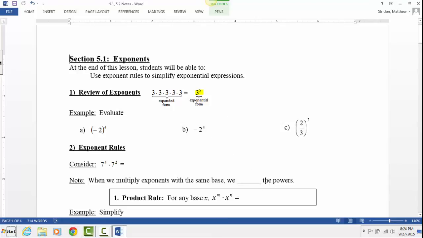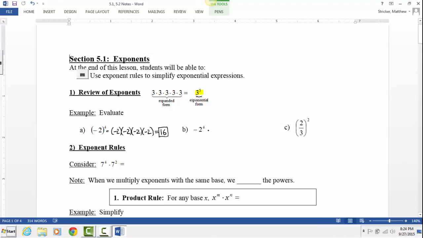And so if we want to evaluate some of these, this first one means to take -2 times itself 4 times. And because we have a negative and there's an even number of negatives, we know that this is going to be a positive. So this is going to be a positive 16.